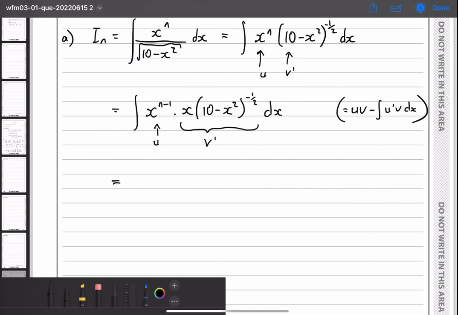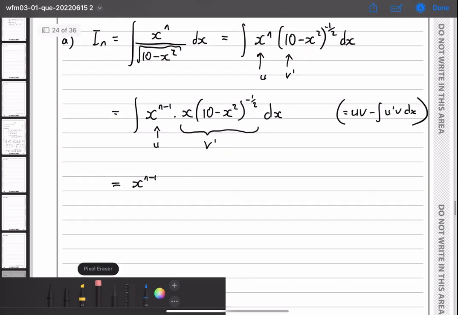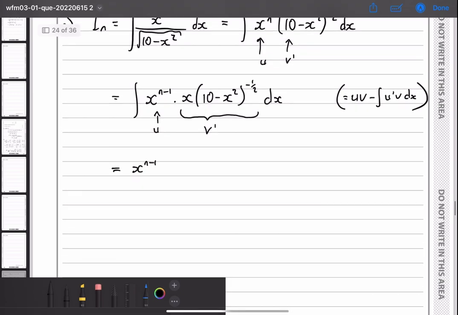So we integrate this. U is x to the n minus 1. V is the thing that actually I'm probably going to need to do on the side here. So let's do the integral of x times 10 minus x squared to the minus a half. Actually, a way that I'm really going to be thinking about this is differentiating.